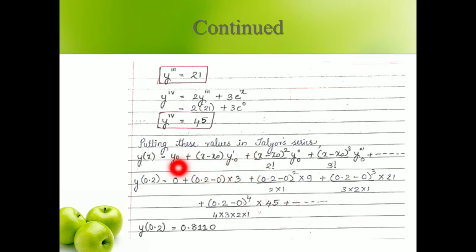Substituting the values of y naught dash, y naught double dash, y naught triple dash, we get the equation. They have told us to find the value at 0.2, so substituting the x value as 0.2 in the above equation, we get y of 0.2 equal to 0.8110.